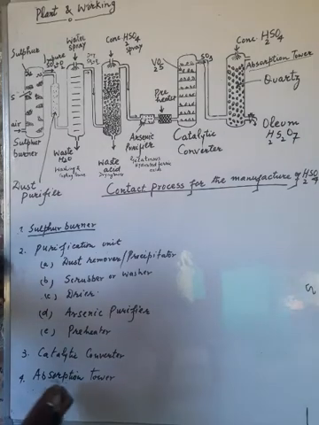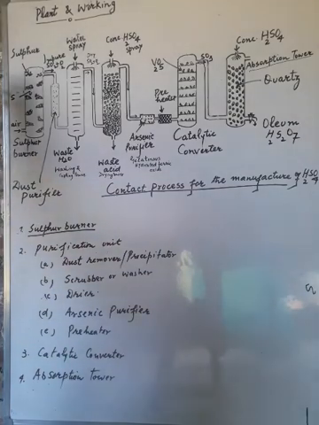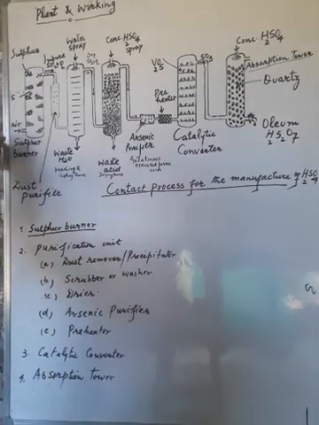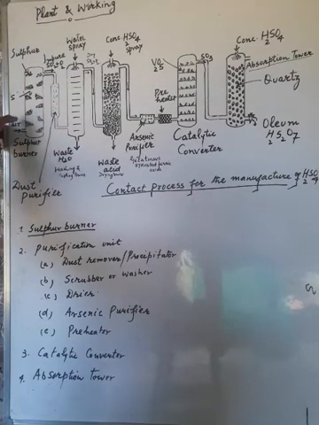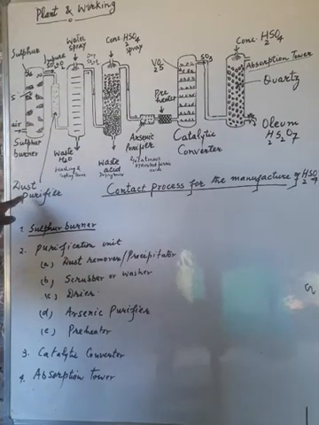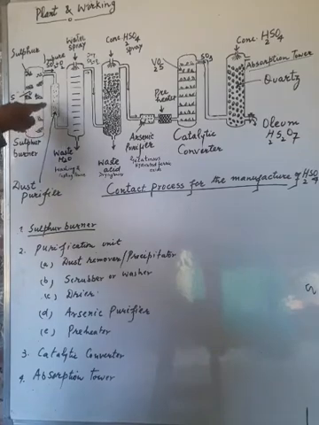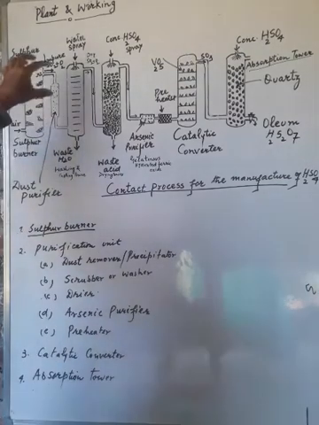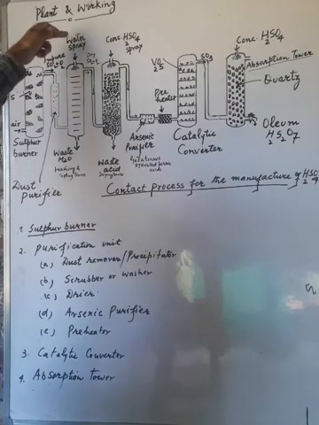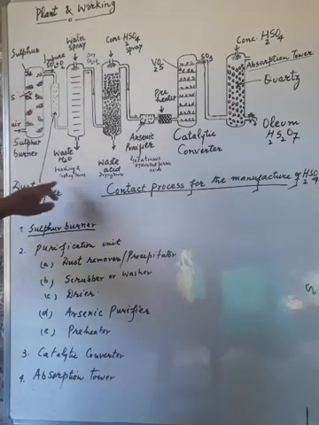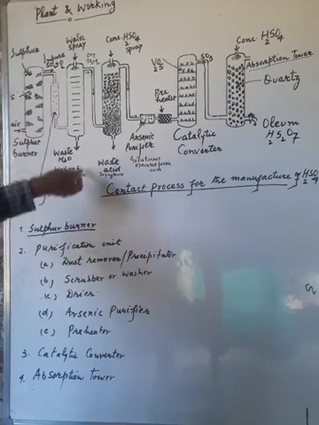In order to explain this plant, this is the plant. In the plant, first we have the sulfur burner, which is connected to the dust purifier or dust precipitator. Then it is connected to the column where water is sprayed from the top, that is the washing and cooling tower.